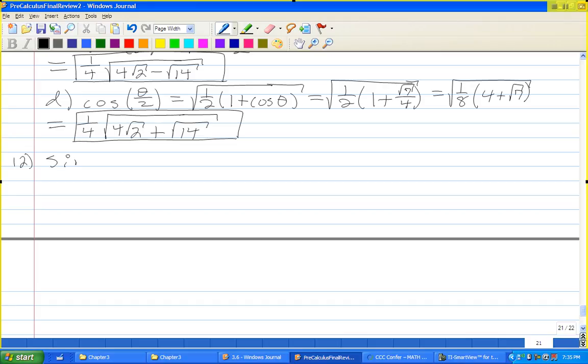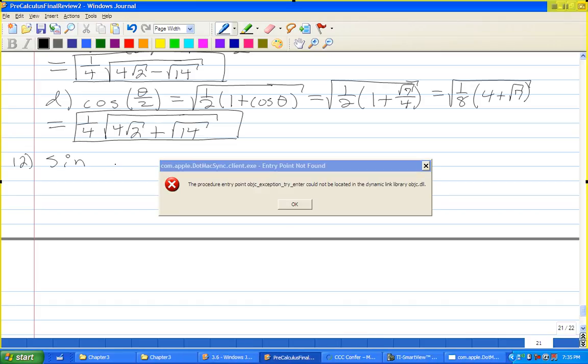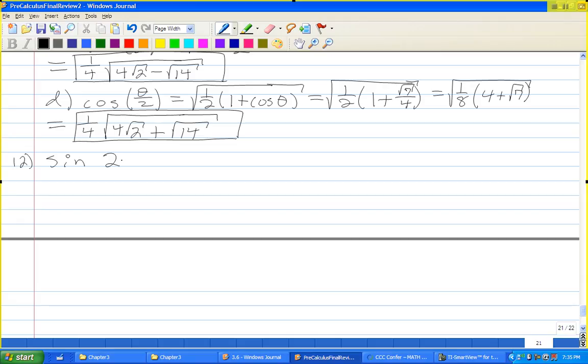Sine 2 cosine inverse 12 over 13. Okay, so cosine 12, 13, that's got to be a 5. And so this is equal to 2 sine theta.